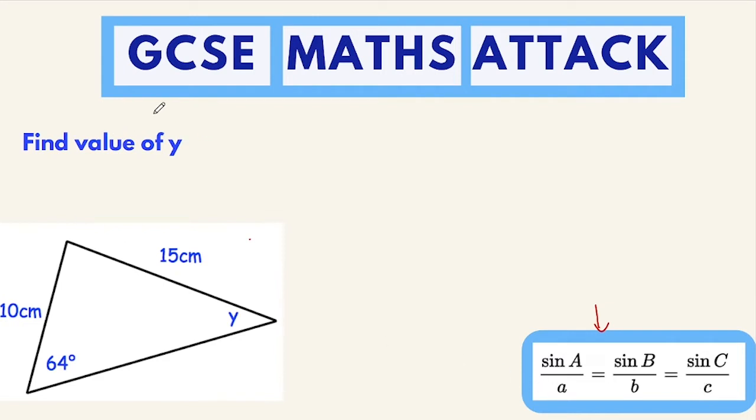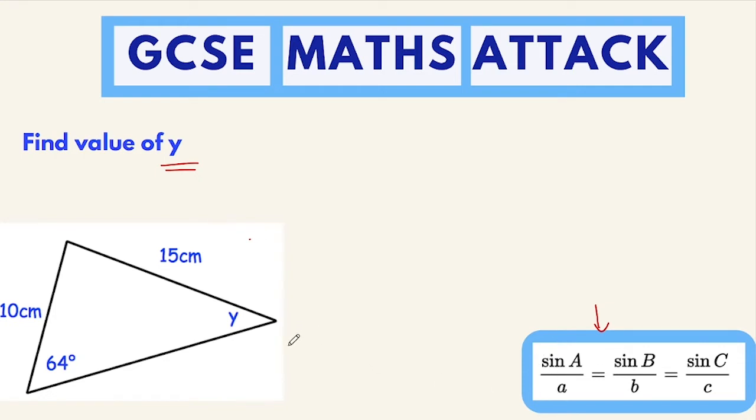Okay, so we've been told to work out the value of y, and we can see that that is an angle. Now, I've written down the sine rule, and this is how I use the sine rule. If I want to work out the angles, I will place sine A, sine B, and sine C in the numerators. If I want to work out the missing side, then I will rewrite this and place A at the top and sine A at the bottom.